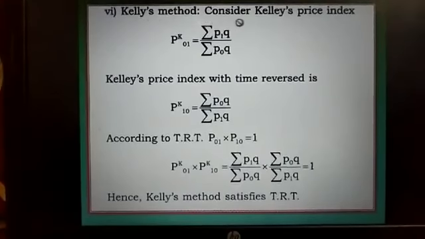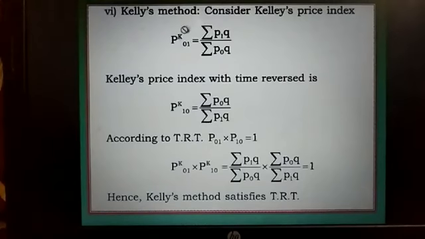So here Kelley's index number has to be taken first. That is P01K. After writing this, obviously multiplication by 100 is not present in terms of TRT and FRT. Fine. So here Kelley's price index number with time reversed.